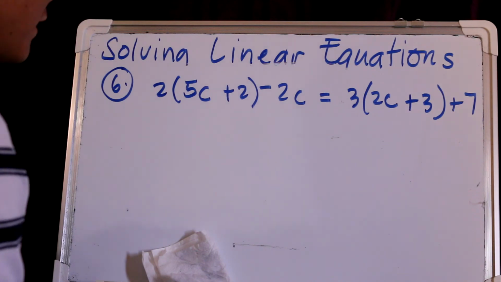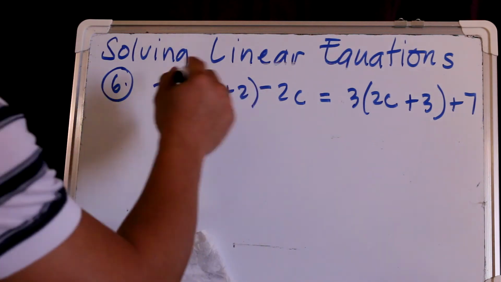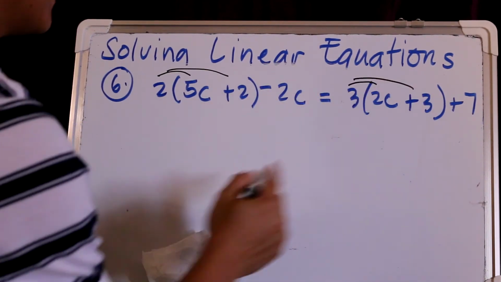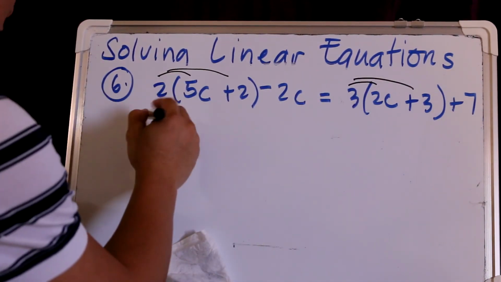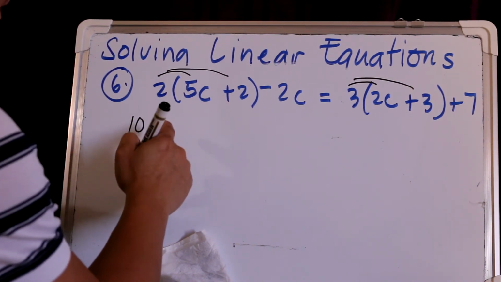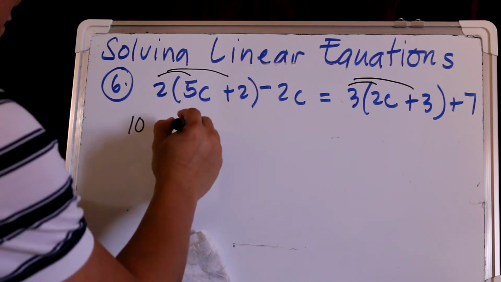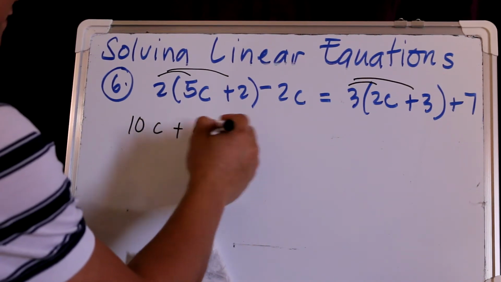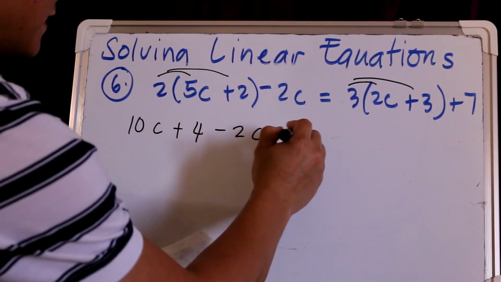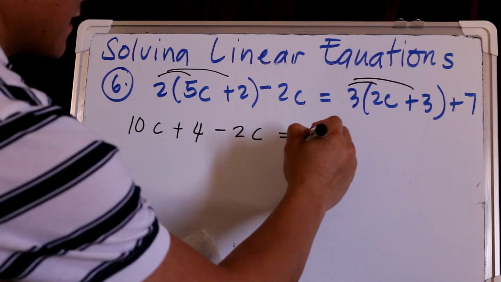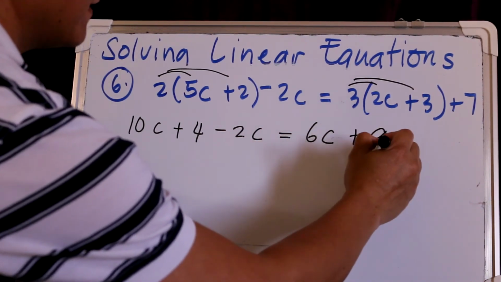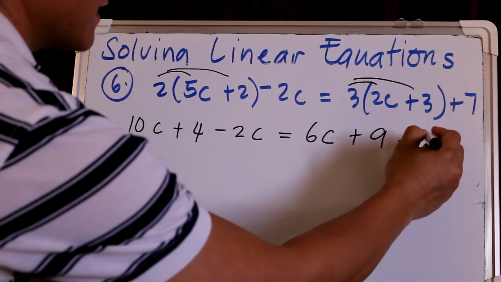Alright then, we are going to distribute this to that side, this and that. So this one becomes 10C, okay, so 10C plus 4 minus 2C equals 6C plus 9 plus 7.